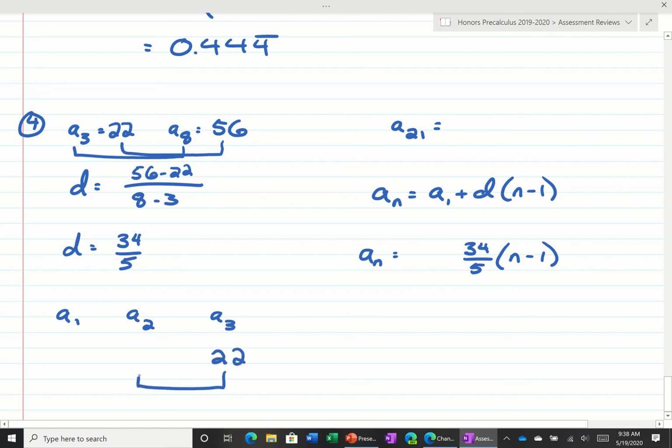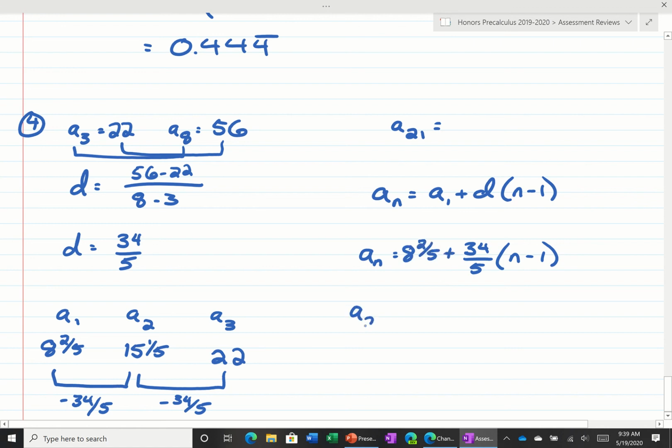If we do 22 minus 34 over 5, that'll give us the second term, and subtracting 34 over 5 again would give us the first term. So let's see what that is. 22 minus 34 over 5 is 15 1/5. And then minus 34 over 5 is 8 2/5. So that's our first term.